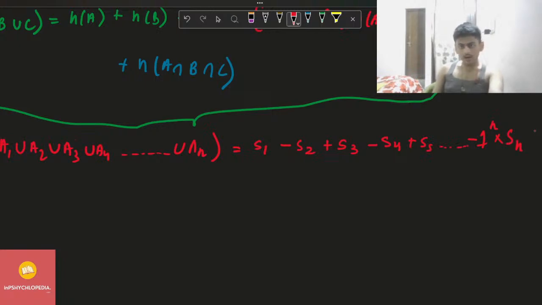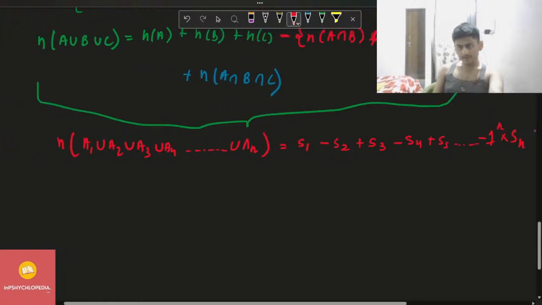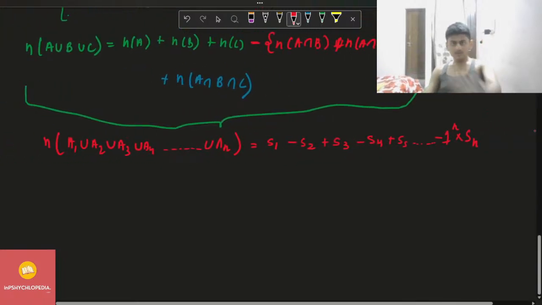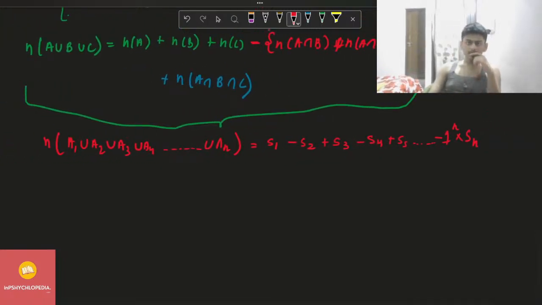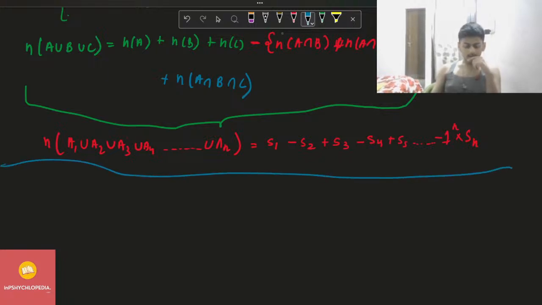So alternately it goes plus, minus, plus, minus. This is called the principle of inclusion and exclusion, and there was a very good question given on the basis of this principle.